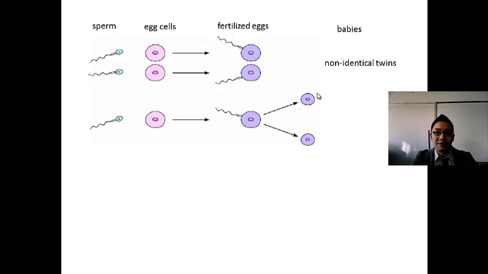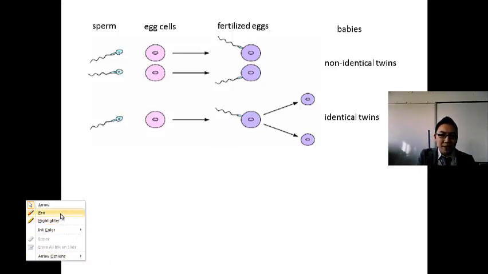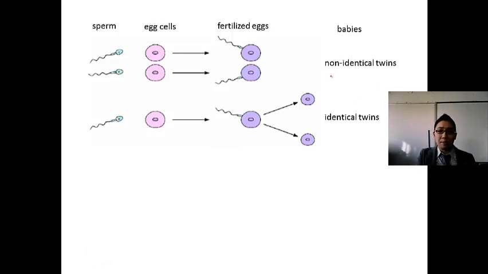So if you figured this out, you did a good job. The first diagram is showing how non-identical twins are formed, and the next diagram is showing how identical twins are formed. Basically, if you have non-identical twins, although you're born at the same time, you are pretty much just like two brothers or two sisters, or a brother and a sister, except that you're born at the same time. You don't have any more genetic information in common than with any other brother or sister.